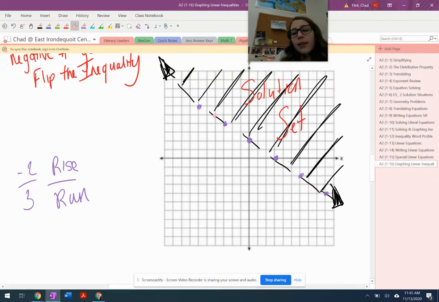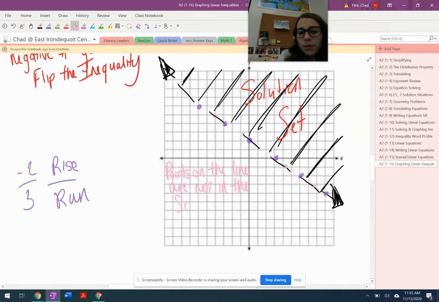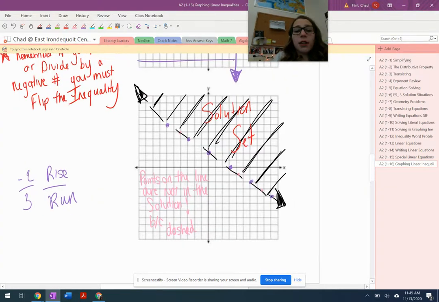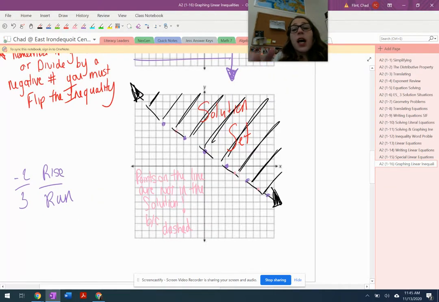So points on that line are not included. And that's, again, just because it's a dashed line, not a solid line. And that's coming from the fact that the inequality is not an or equal to.